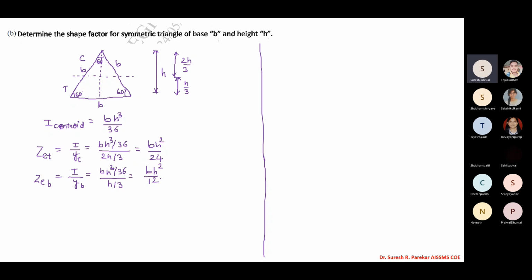So what will be our section modulus ZE? ZE is minimum of 2.